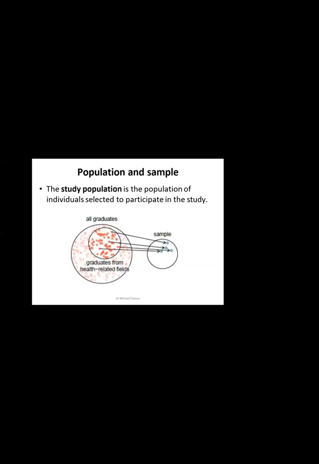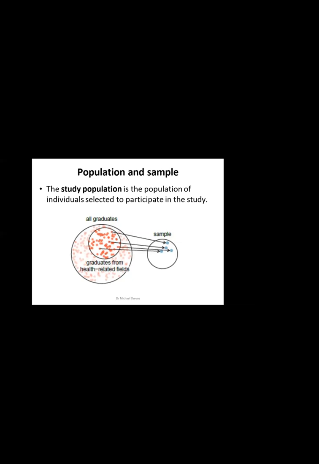Then the study population is the population of individuals selected to participate. So the study population could be adult Ghanaians living in the Kumasi metropolis. So look here, the external population is all Ghanaians. The target population is adult Ghanaians, and then the study population, let's say adult Ghanaians attending KNUST Hospital or attending University of Ibadan Hospital.